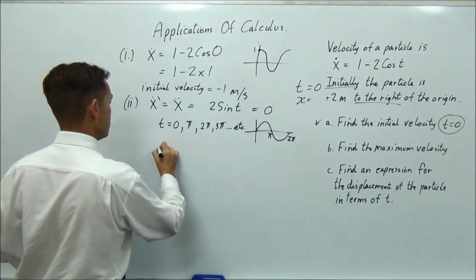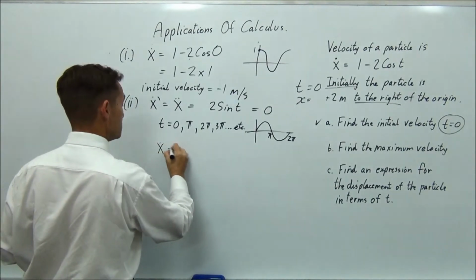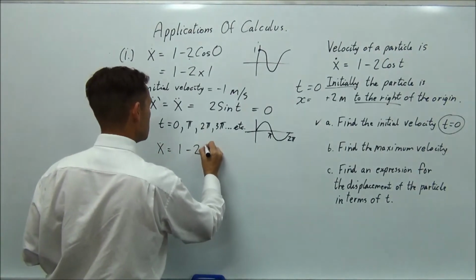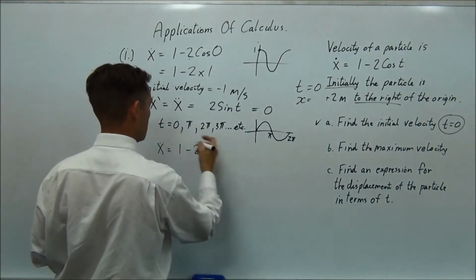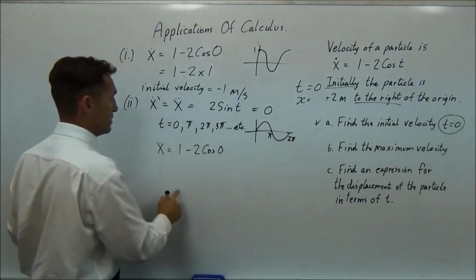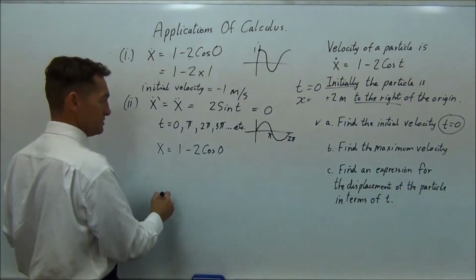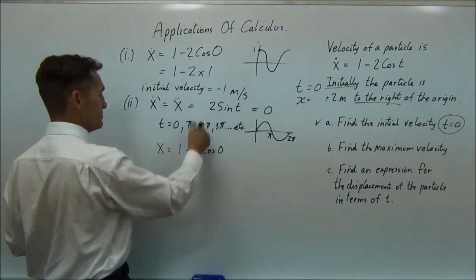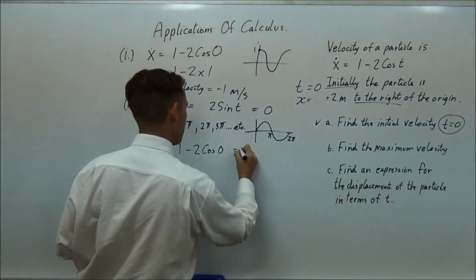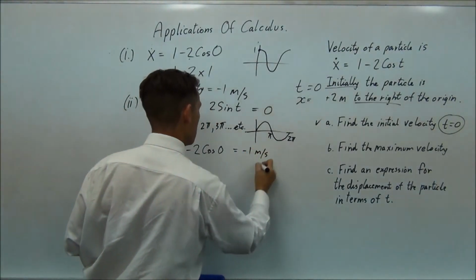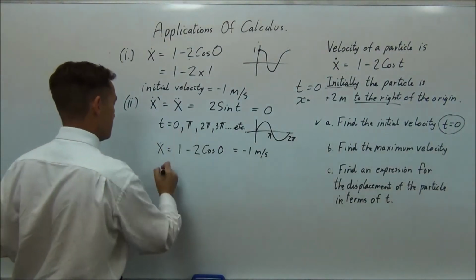So here's our velocity. x dot equals 1 minus 2 cos t. Put in 0. What's 1 minus 2 cos 0? We already figured that out. It's minus 1. Okay, let's put in pi.